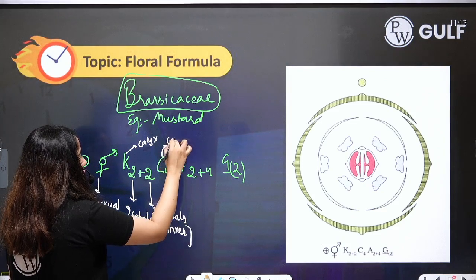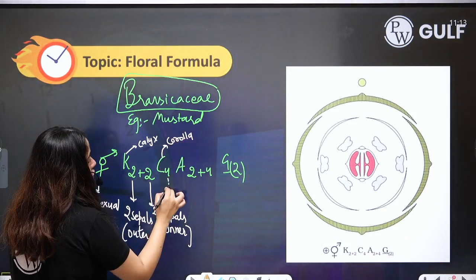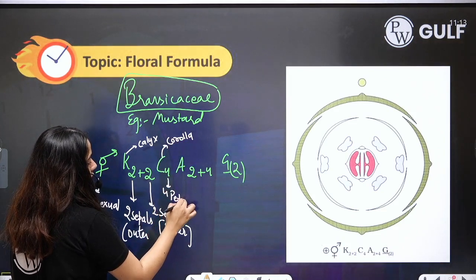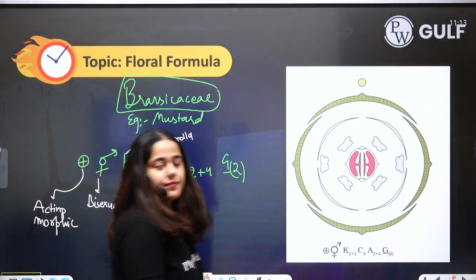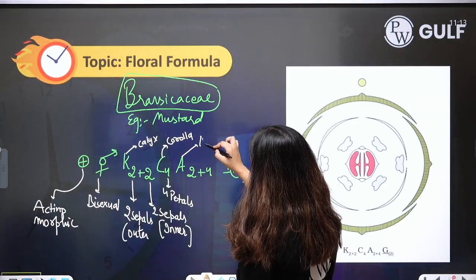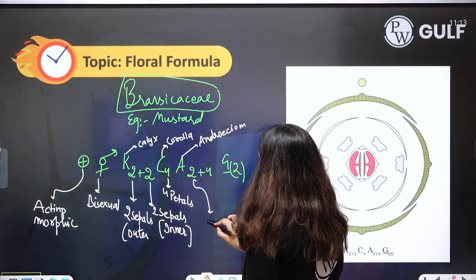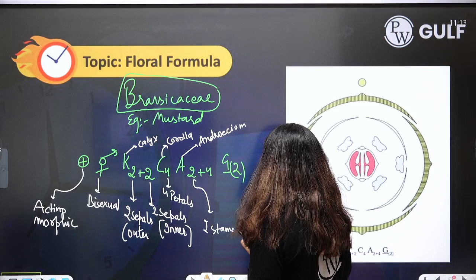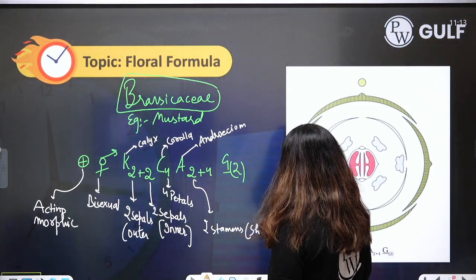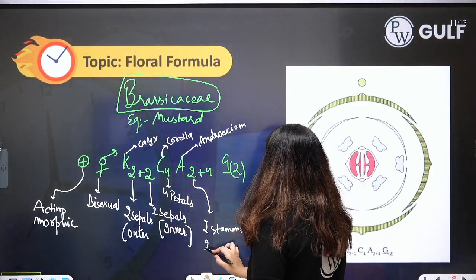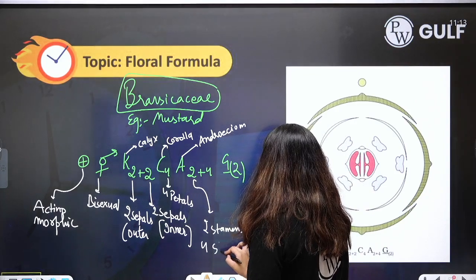This means corolla. 4 means there are 4 petals. This means androecium, stamens. 2 stamens are shorter. 4 stamens are longer.